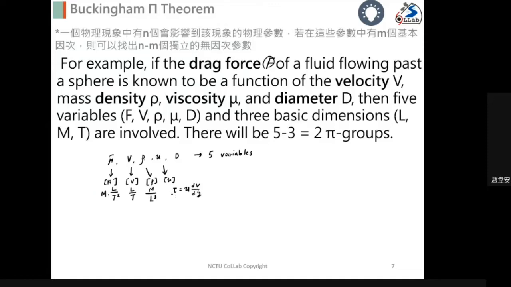We know that tau is the shear stress, so the dimension of tau is force divided by area. The dimension of force is M L over T squared, divided by the area, L squared. So the dimension is M divided by T squared and L. And on the right-hand side, we have the dimension of the velocity gradient.